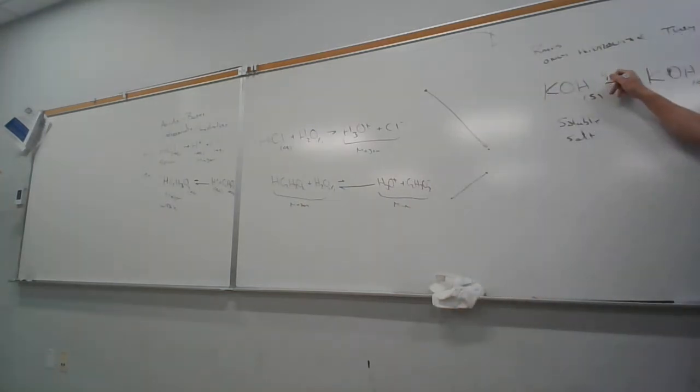And so the first step is it's soluble in water. The second step is it's a strong electrolyte. Strong electrolytes do what? Strong electrolytes dissociate in solution. So this is going to dissociate into potassium ions and hydroxide ions here.